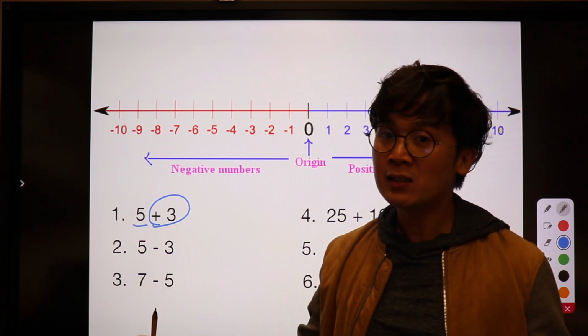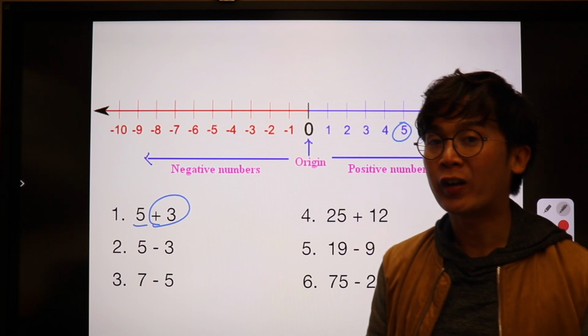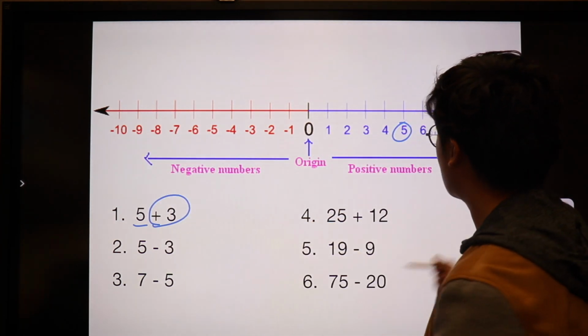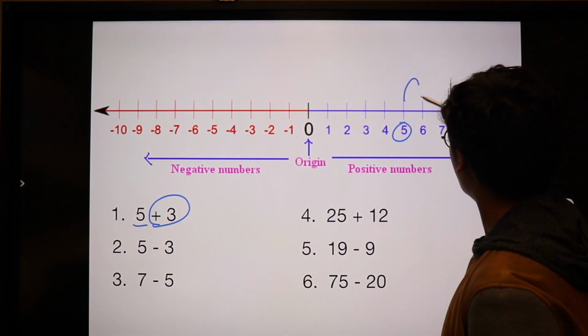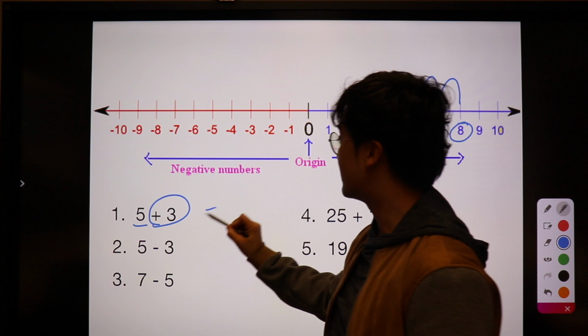And if it's minus, it means negative. That means you're going to be skipping your number of units to the left. But since this is 5 plus 3, it is simply 1, 2, and 3. And that is why the answer here is equal to 8.